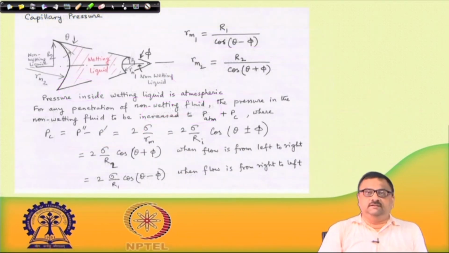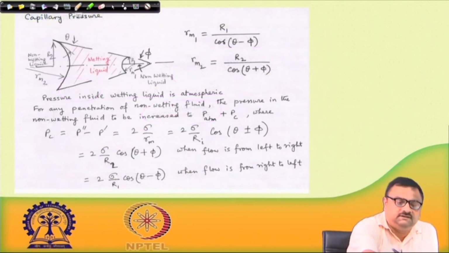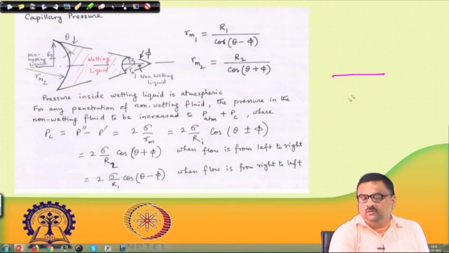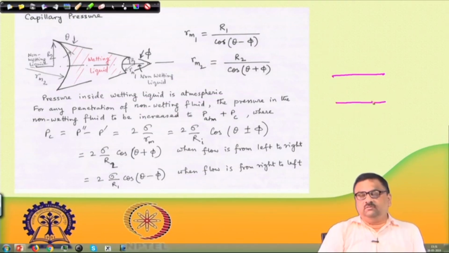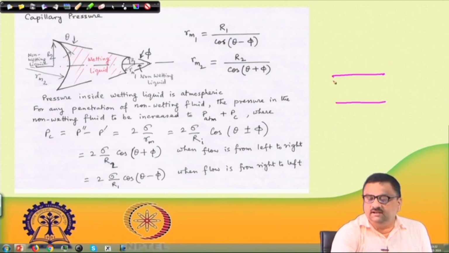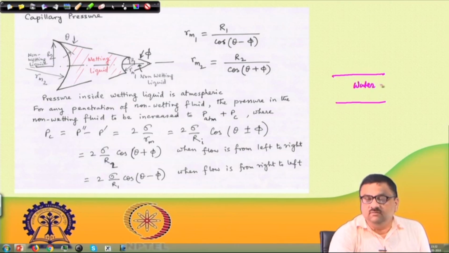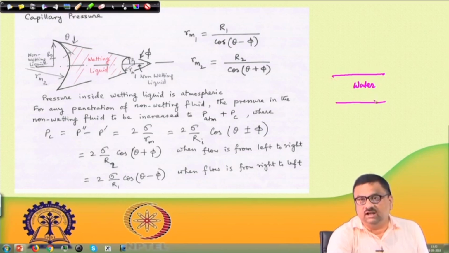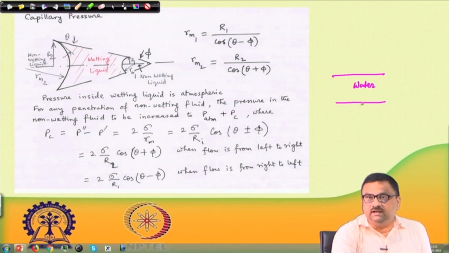Now suppose we have a situation, we had already talked about, where we have a cylindrical pore. Let us say this is a cylindrical capillary, and inside we have water, which is the wetting phase. That means the capillary is similar to glass, so the capillary wall is water wetting.